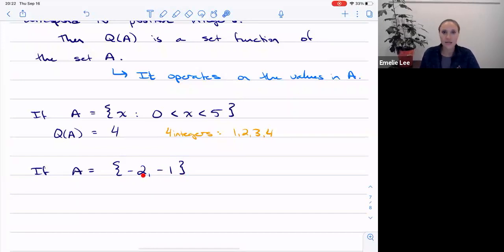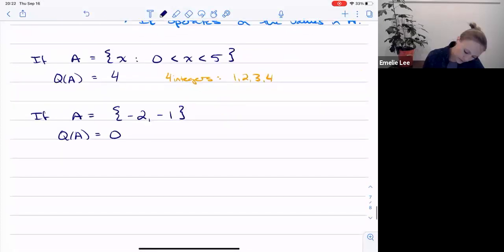So in a set of -2 and -1, there are no positive integers here, right? They're both negative. They are integers, but they're negative, right? And so then Q of A is 0, right? 0 positive integers.